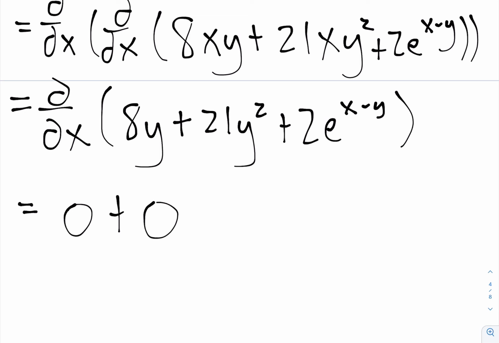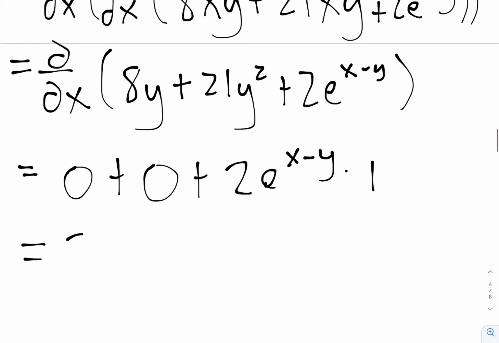The derivative of that constant is 0, plus the partial derivative with respect to x of 2 times e to the x minus y. That's just going to be 2e to the x minus y, because the partial derivative of x with respect to x is just 1. So we multiply that by 1. So your answer here is 2 times e to the x minus y.